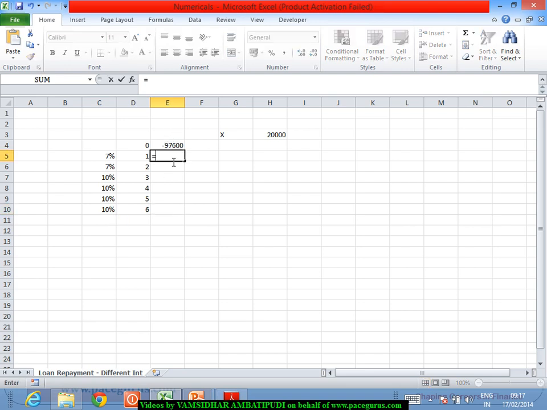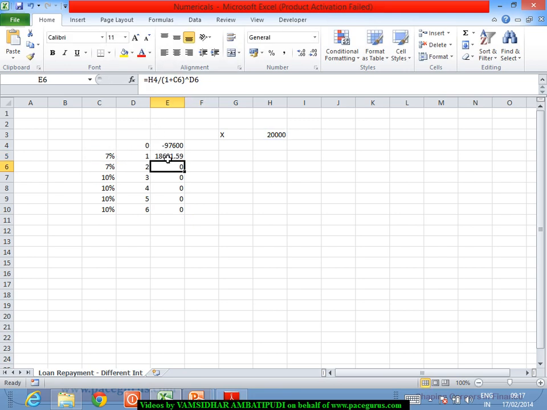Now if my cash flow is going to be 20,000 per year, then this is discounted by 7% for a period of 1 year and so on. These are the cash flows, right?